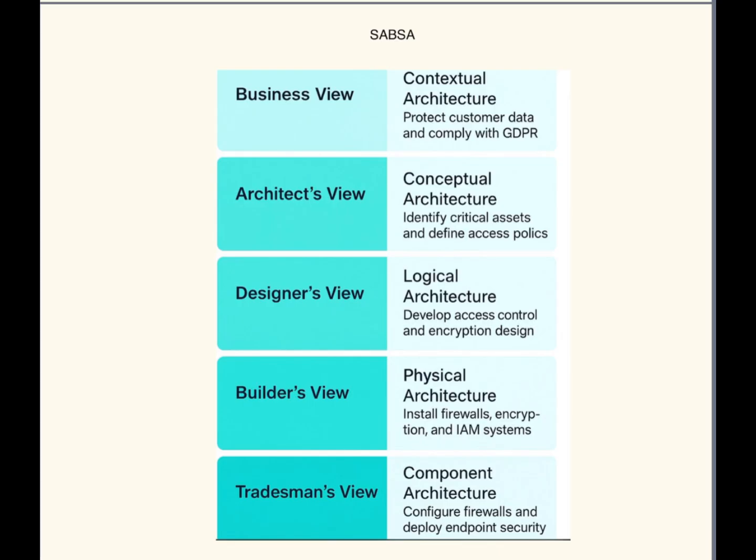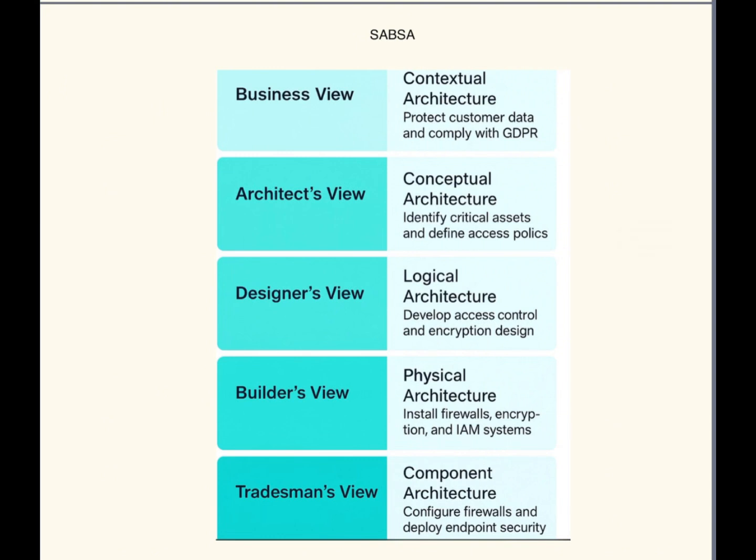They mainly focus on business goals, risks, and requirements. For instance, we want to protect customer trust and comply with GDPR, right? So for the business view, we can map contextual architecture.